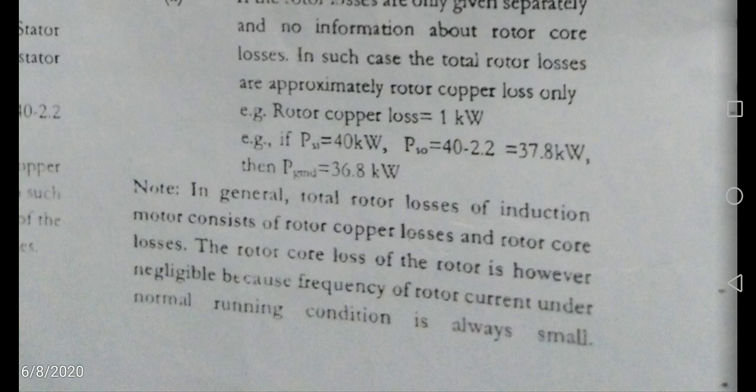In general, total rotor losses of an induction machine are rotor copper losses. The rotor core losses are however negligible, because the frequency of the rotor current under normal running condition is always small.